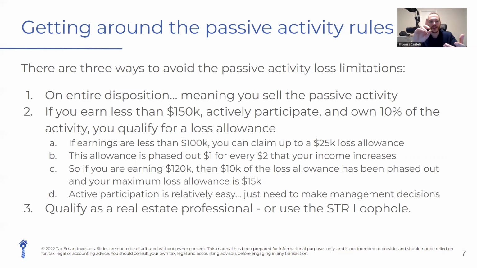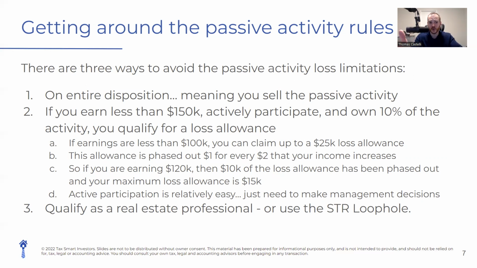So one is when you sell the property in what's known as an entire disposition or a substantial disposition, meaning you basically sold the property, the losses from that property are unlocked. And when they're unlocked, they're going to offset the capital gain on sale, any other passive income you have for the year. And then if there's any loss remaining, it can offset your W-2 or other non-passive income.